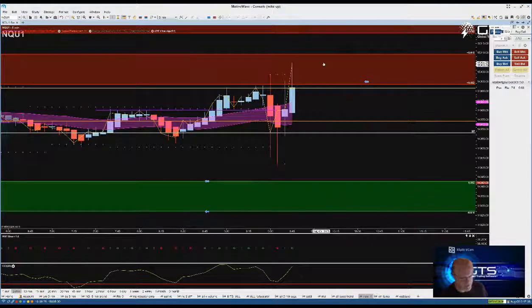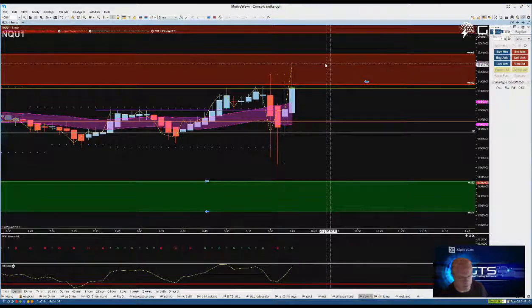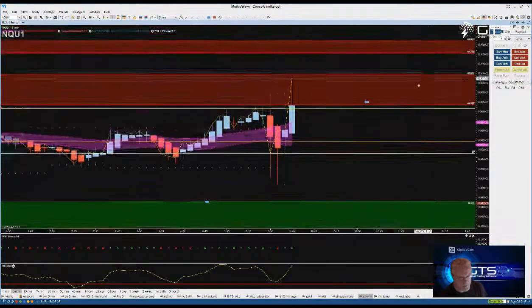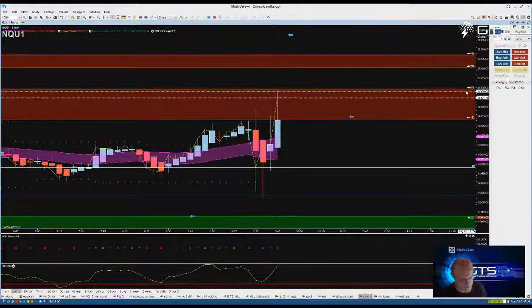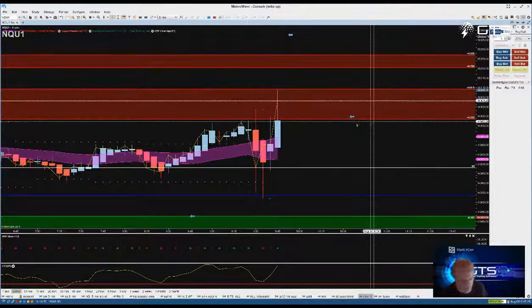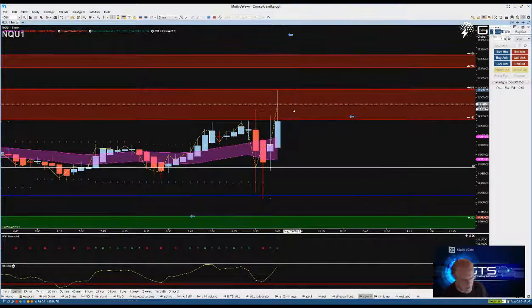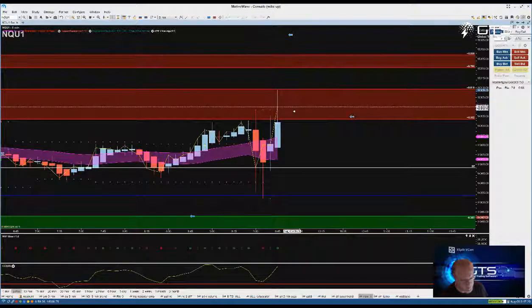Now she's above this level. I'm worried about her pulling back on me again because of where the body's sitting. There we go. I want to see this next candle form and go up. So let's see it close above this and start pushing.